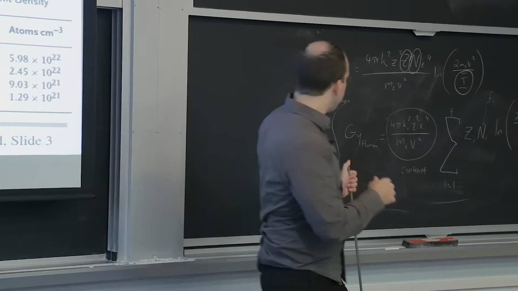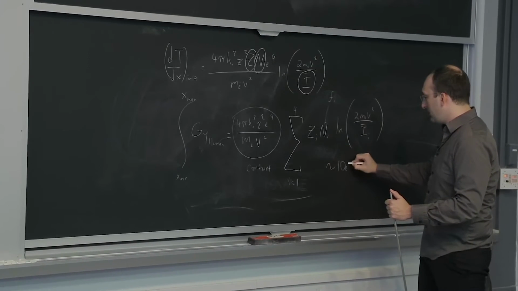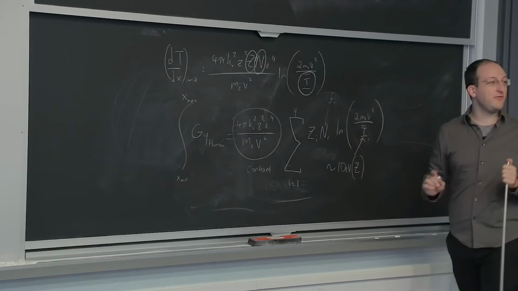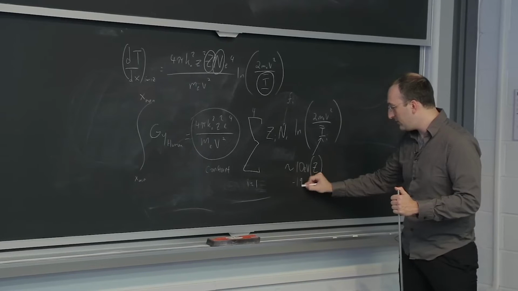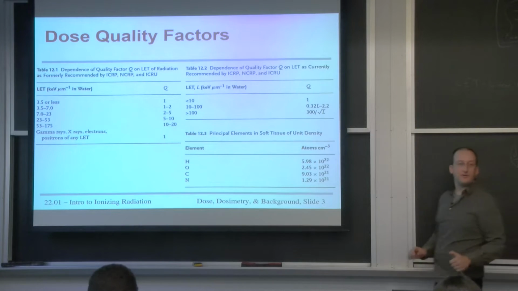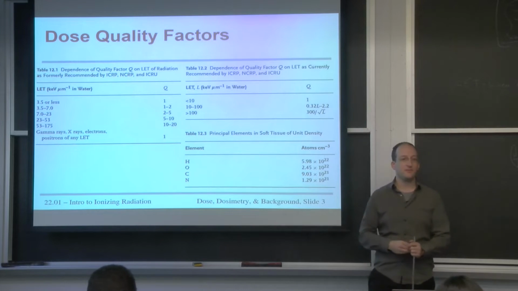The mean ionization potential can usually be approximated as about 10 electron volts times Z. Except for the very light isotopes like hydrogen, it's somewhere between 10 and 19 eV. I would say one, you can just look them up, or two, you can use this empirical relation to get a good approximation.